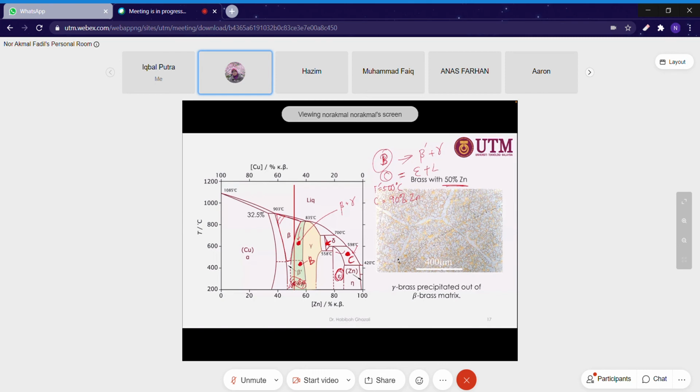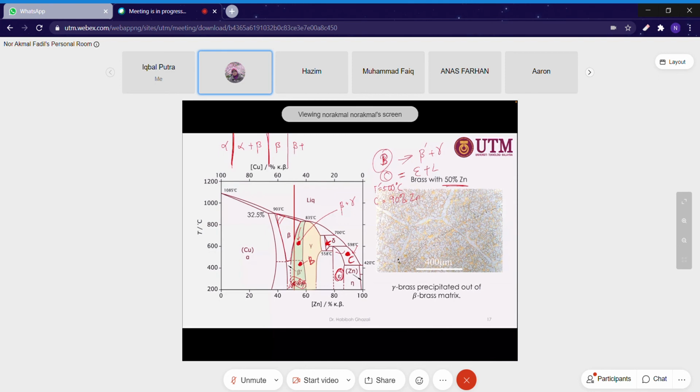Okay, so last time I already explained how they label the phases inside the phase diagram. Basically, if you have alpha, the next, this is the border between left and right. The next phase is alpha plus the next phase. Okay, next we give beta, and then beta plus something else, because they are always a mixture like this.